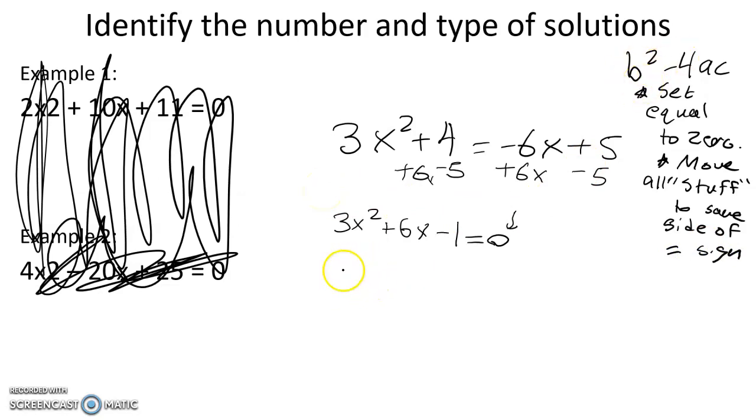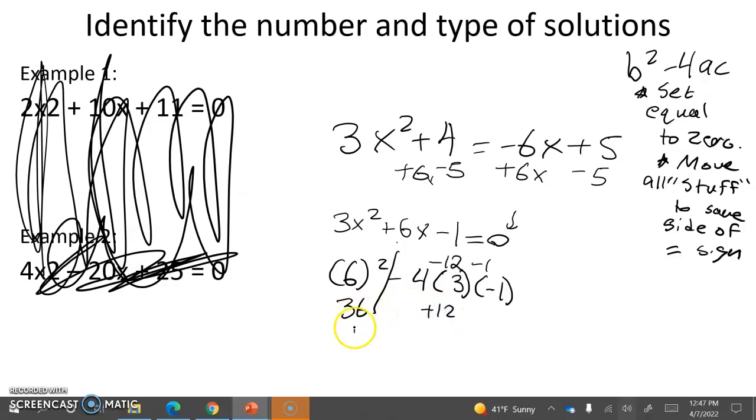So I'm going to do b squared, which is 6 squared, minus 4 times a, which is 3, times c, which is negative 1. Split it apart. Going to go ahead and solve this out. 6 squared is going to be 36. Negative 4 times 3 is negative 12. Times negative 1, that's going to get me positive 12.